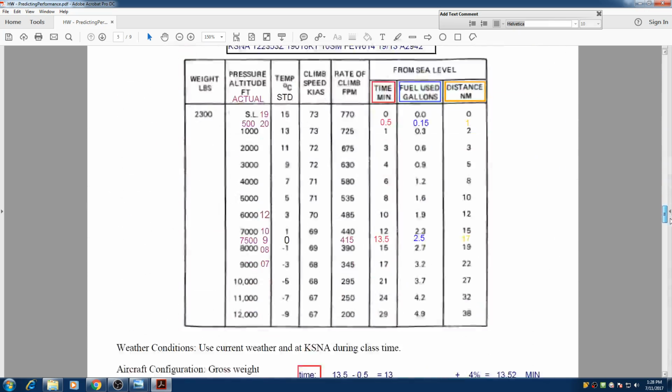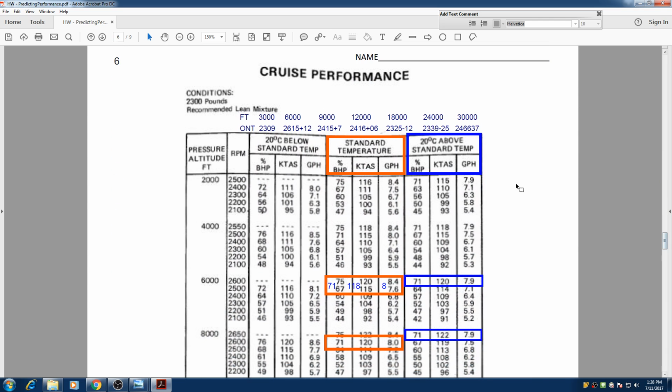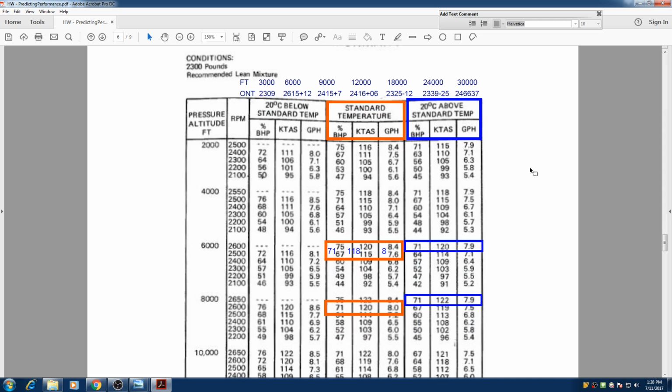We go directly to the cruise performance. In cruise performance, we're interested in finding out what our aircraft is going to perform at that altitude. So we are going to fly at 7,500 feet, and we have been given this chart. This chart is going to help us with our pressure altitude.